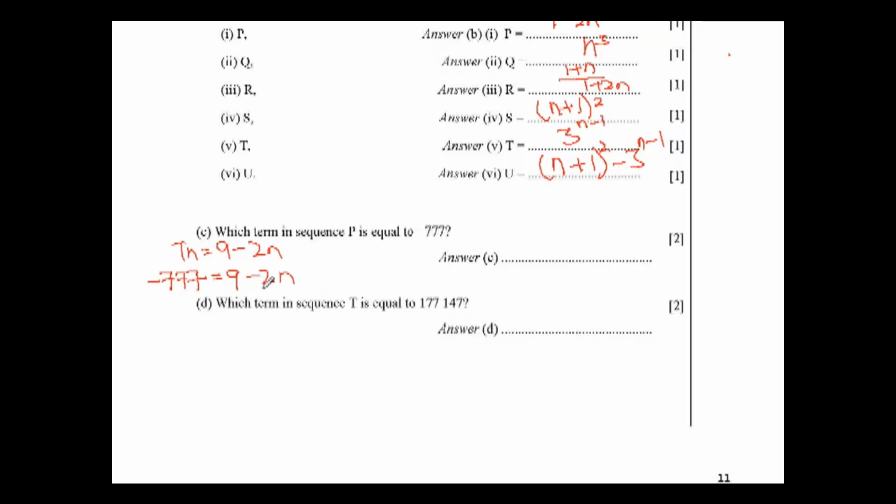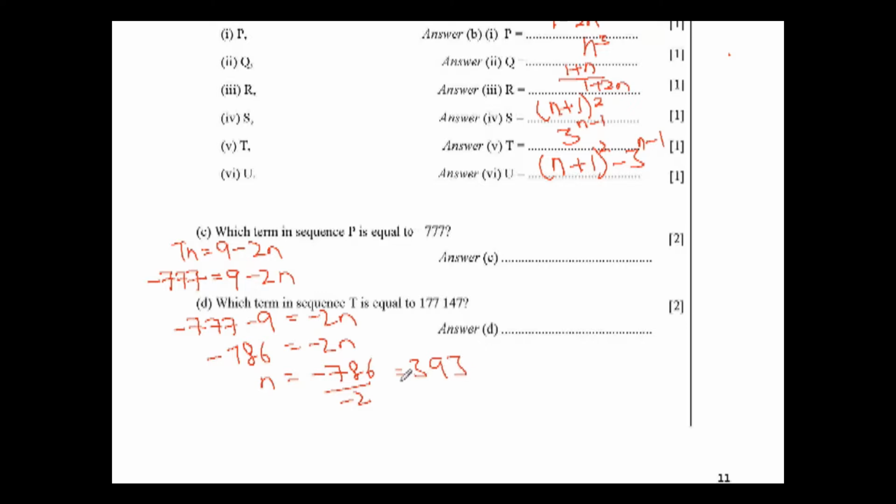So when we solve this equation, we get negative 777 minus 9 is equal to negative 2n. So negative 786 equals negative 2n. So n is equal to negative 786 divided by negative 2, which is equal to 393.